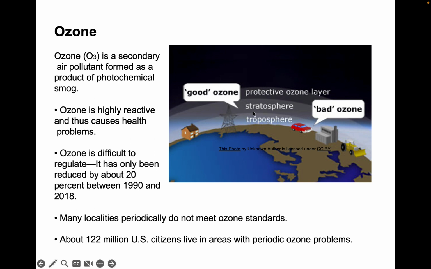That's where the ozone layer is that helps to protect the surface of the Earth from harmful UV radiation. So ozone is good if it's up in the stratosphere where it belongs. But when it's formed artificially by human activities down here in the troposphere where we live, then it's a problem. It's important that you understand this distinction.